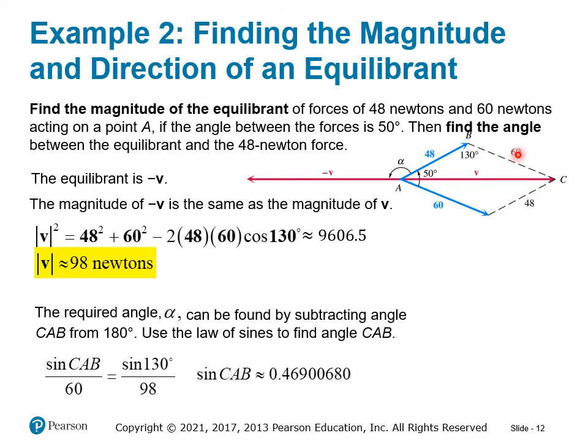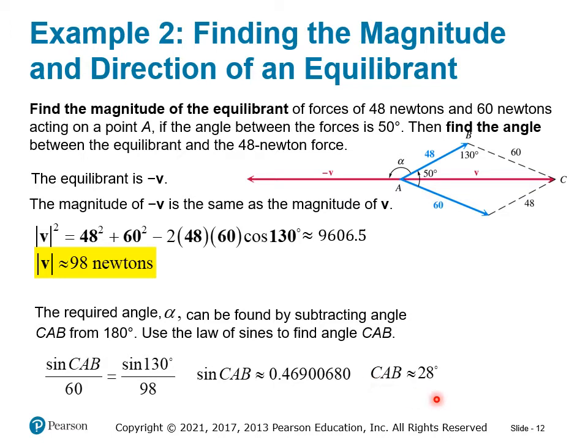We've done a number of these, so I'm not going to walk through this too slowly. The sine of CAB is equal to 60 sine 130 over 98, which is 0.469. We take the inverse sine, and we get that CAB is approximately 28 degrees.